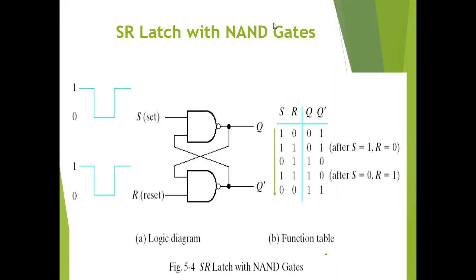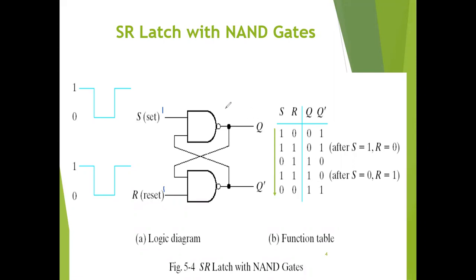So let me explain you by using these annotations. When both the inputs are 1 and 1, the system will be in the state in which it previously was. We can see it has states as 1 and 0.